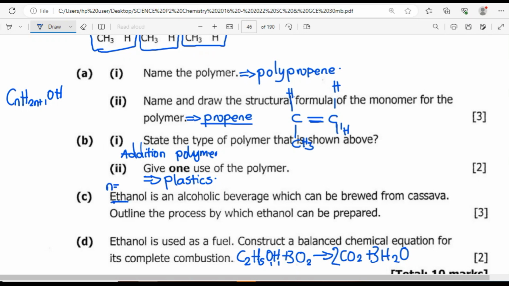Eth means we have 2, so you put 2. So C times 2, C2. 2 times 2, 4 plus 1, 5, OH. So this is where the chemical formula is coming from.